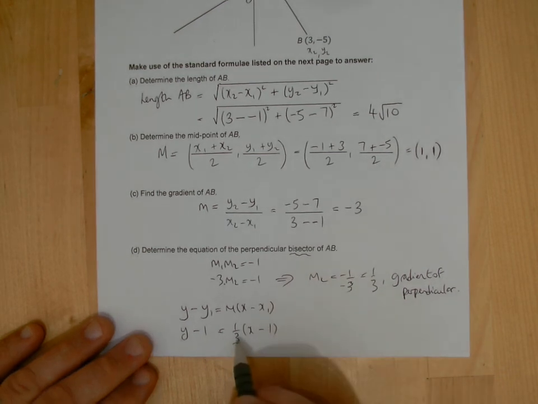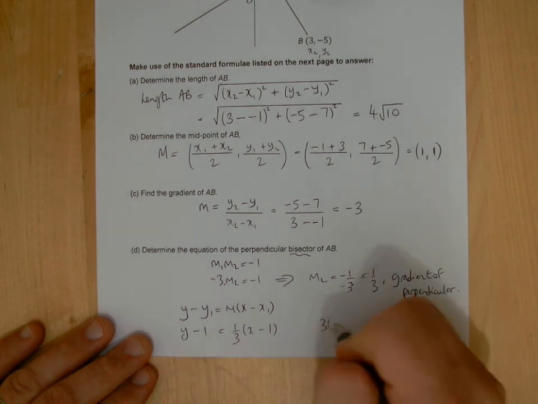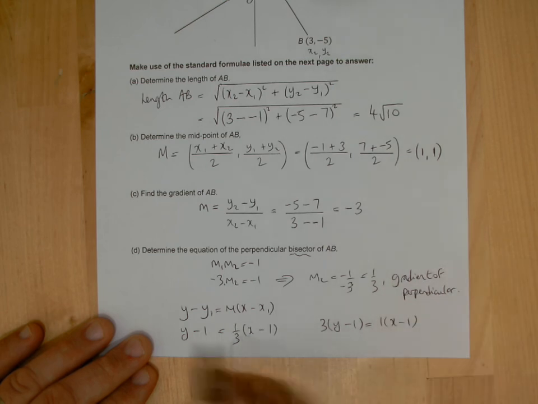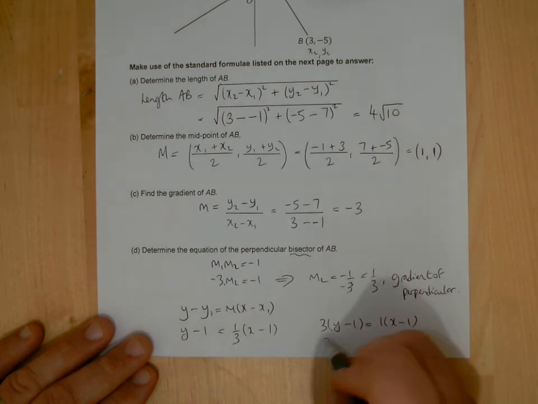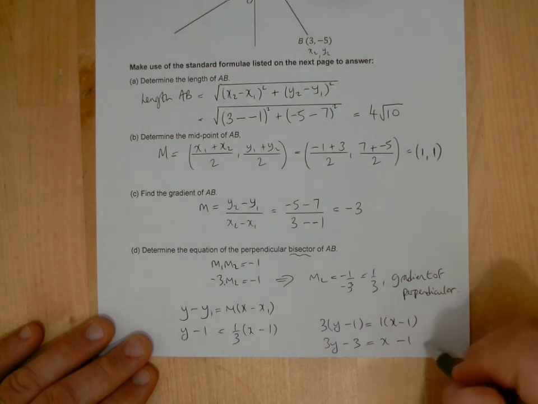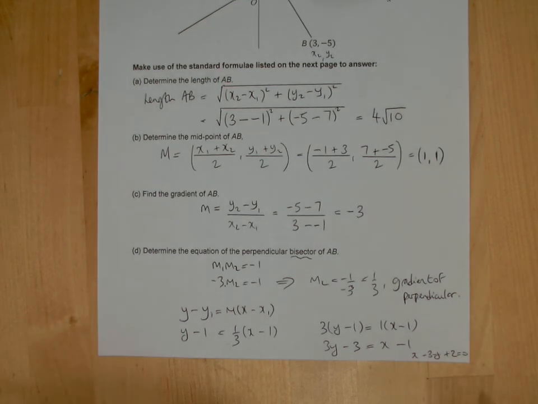Now when you've got this then, what I would do is take that 3 over and multiply. Take the 3 over, create a bracket there, so you end up having 3y minus 3 equals, and then times through by 1, x minus 1. And there you've got your result. So we can write that then as x minus 3y plus 2 equals 0. You can get everything to one side and you've got your answer.